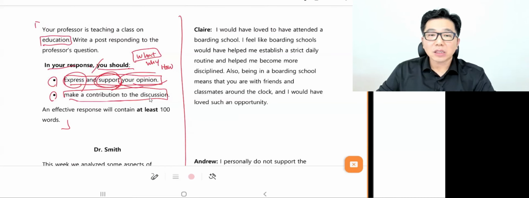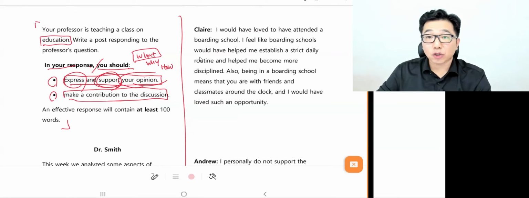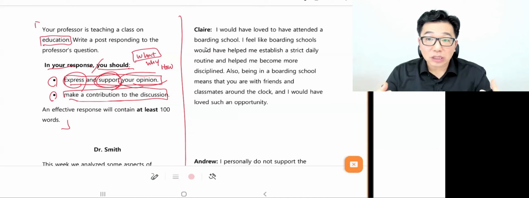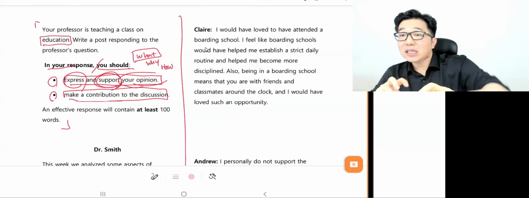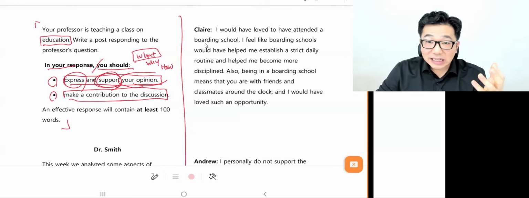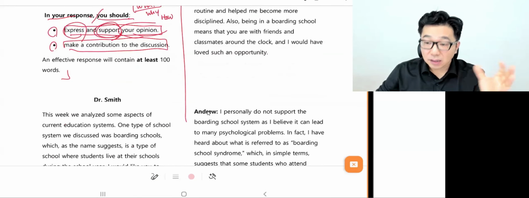So how to do this? Let's discuss what not to do. So you cannot copy exactly the same contents and write the same contents as your answer, or not add any additional detail or additional reason, or have different contents but just paraphrase exactly what Claire and or Andrew said.